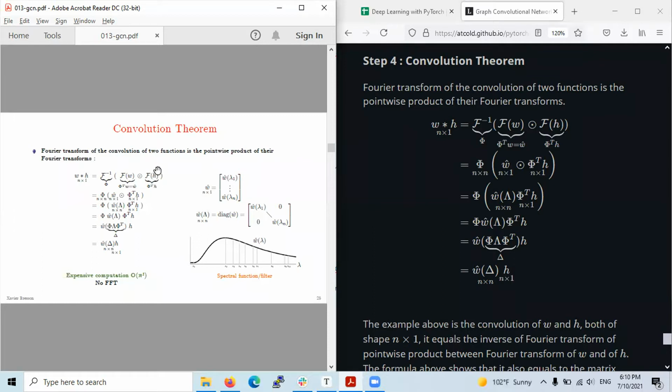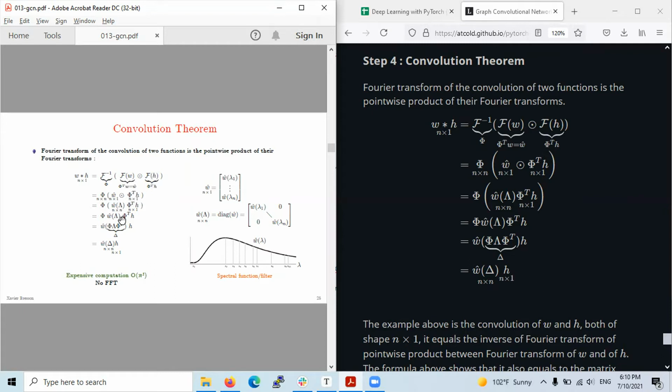Now, the signal H comes from the graph itself. H could be the set of nodes, or the set of edges, or it could mean the full graph itself. Based on that, we have this Fourier transform found.